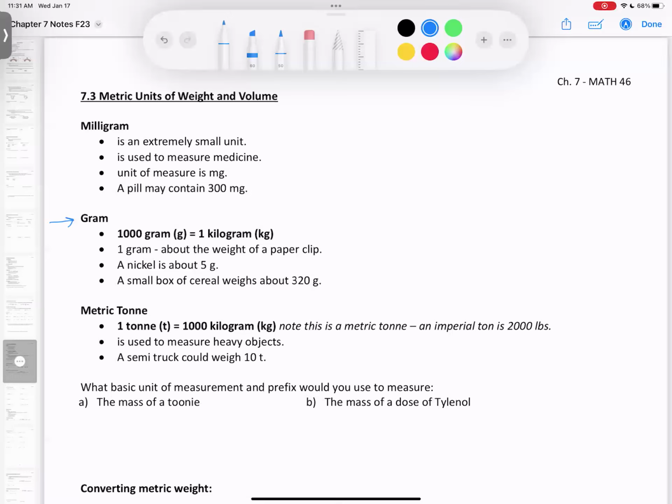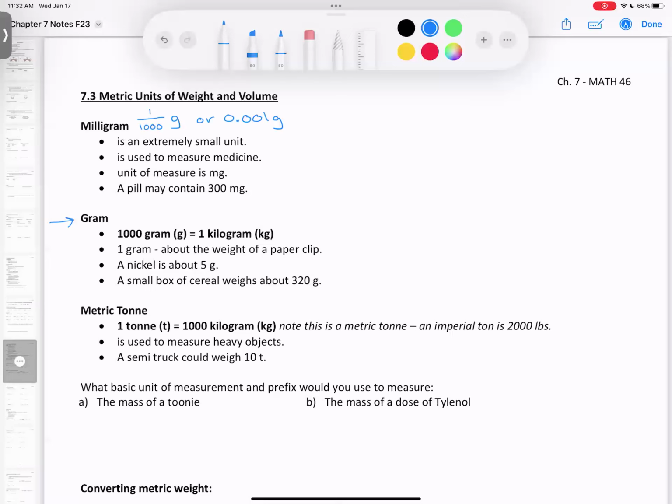All right, now let's move back to the milligram. So a milligram is 1/1000th. Milli means thousand. So 1/1000th of a gram, or you could write that as 0.001 grams. So it's a very small unit of weight.